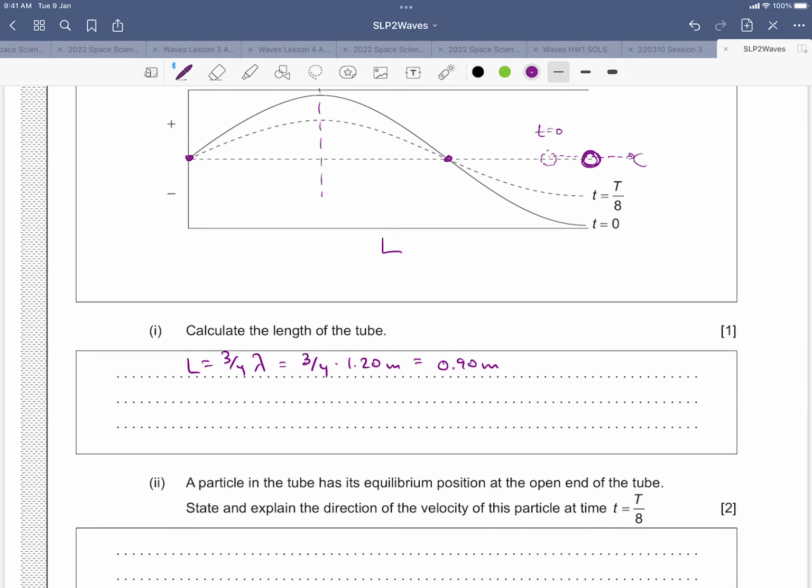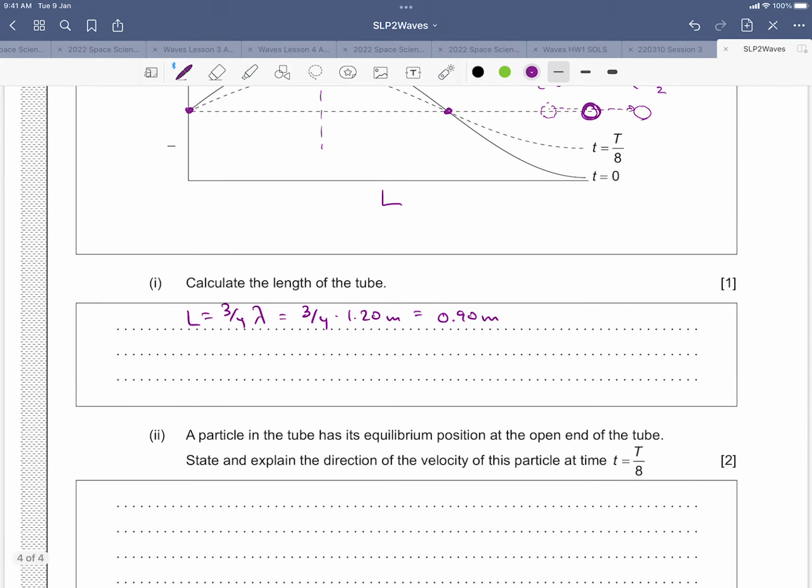And then it's going to be all the way over here on the right at its maximum positive displacement when half a period has passed, and then it's going to go back again. So at the time 1/8 of a period, it's on its way from left to right.